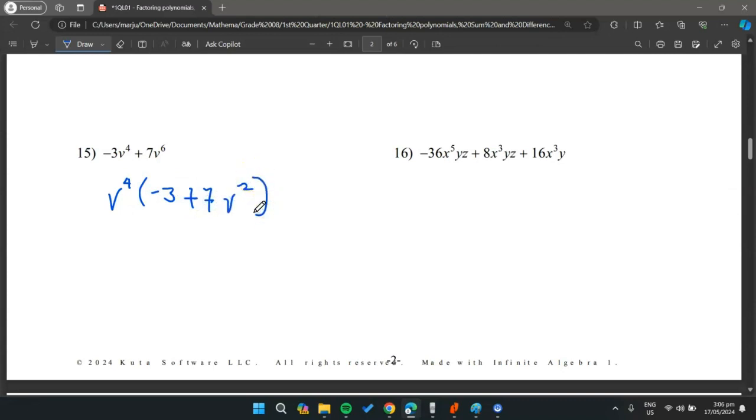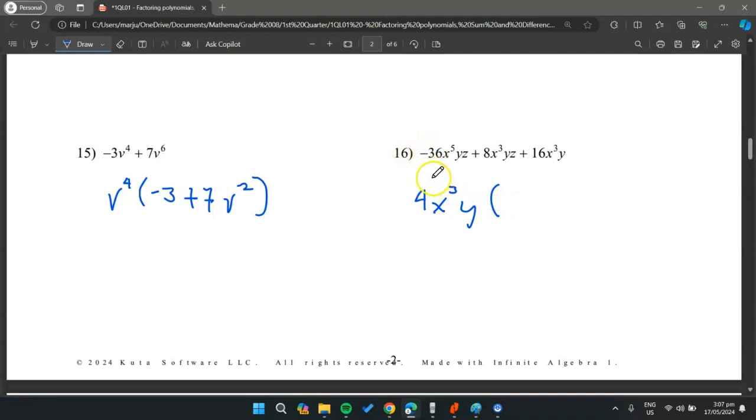And for number 16, negative 36, 8, 16, common factor should be 4. So we'll try to factor out 4, x, y, z, x, y, z, x, y. So we will do x, lowest exponent is 3, and then y, lowest exponent is 1. So that will be our common factor.